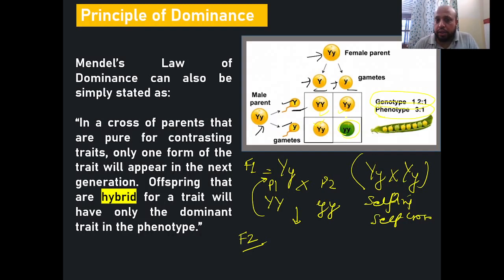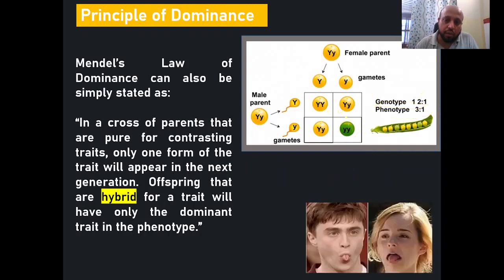Then we discussed the meaning of dominance: the trait which appears in the F1 generation is dominant, and the trait which does not appear is called a recessive trait. Then we discussed that in the F2 population this recessive trait reappears, and this reappearance is because the gametogenesis process is an independent phenomenon.